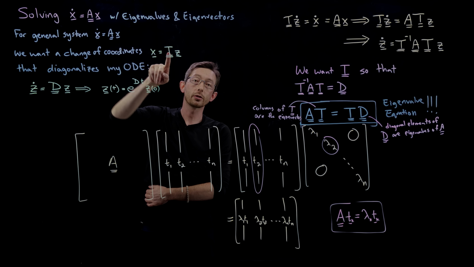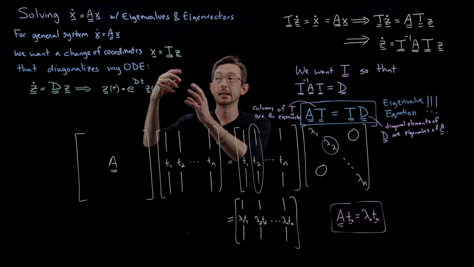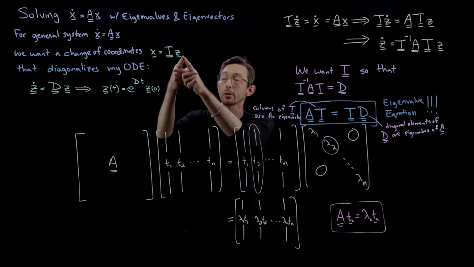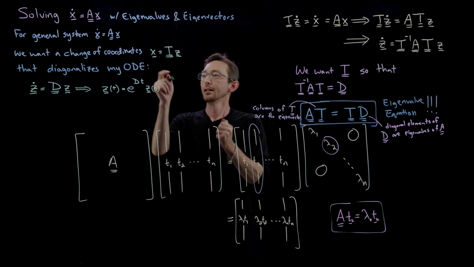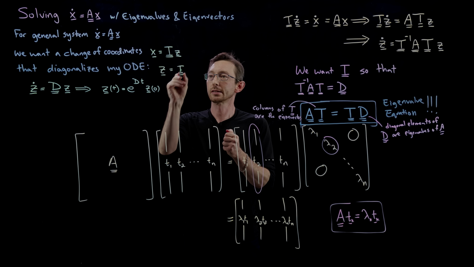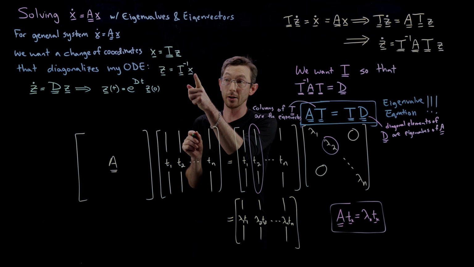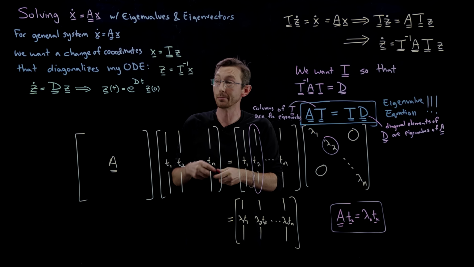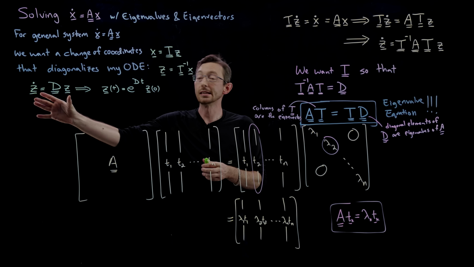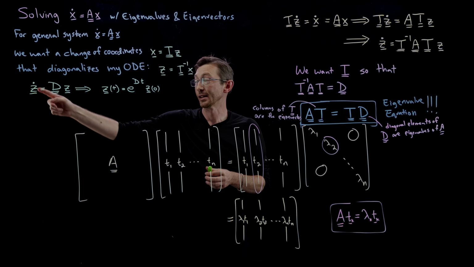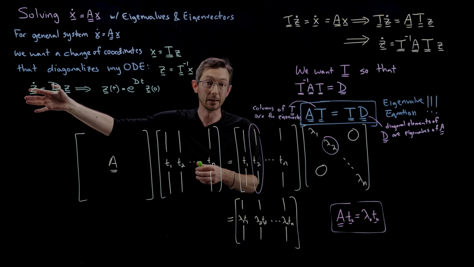So we try to find a coordinate transformation T, a matrix T, that can map me into a new coordinate system. Literally, Z is going to equal T inverse of X. So I can go from X to this new coordinate system Z, so that Z has diagonal decoupled dynamics, so it's easy to solve my dynamics in Z.